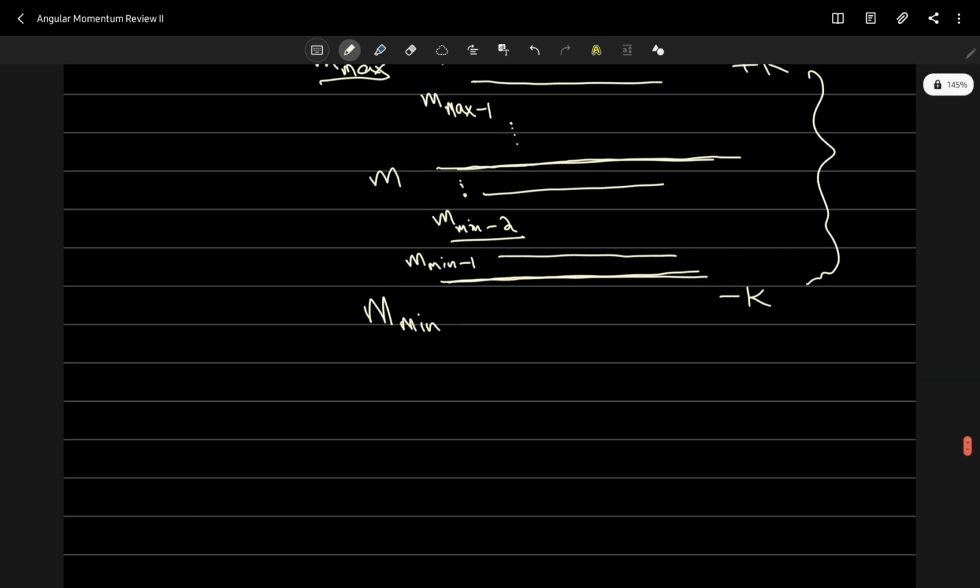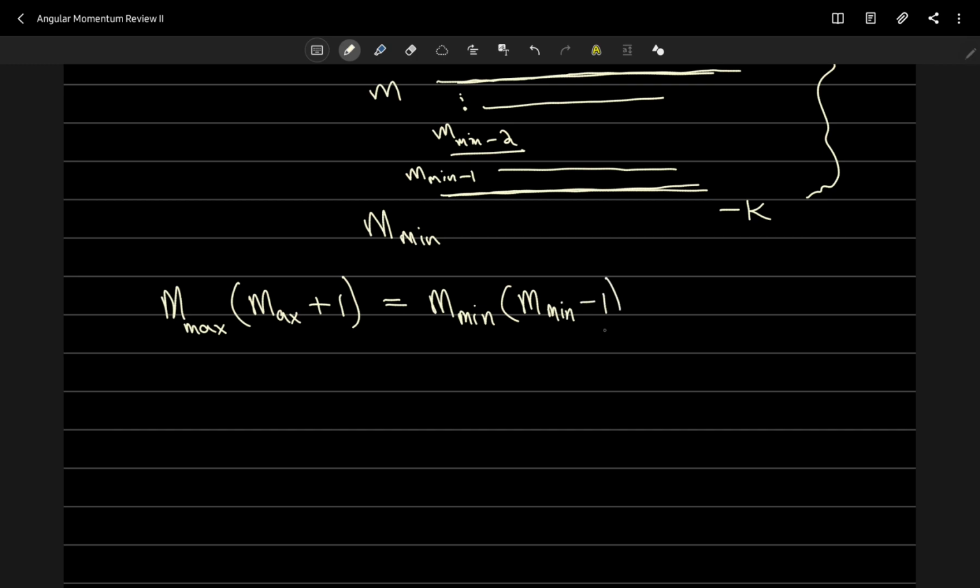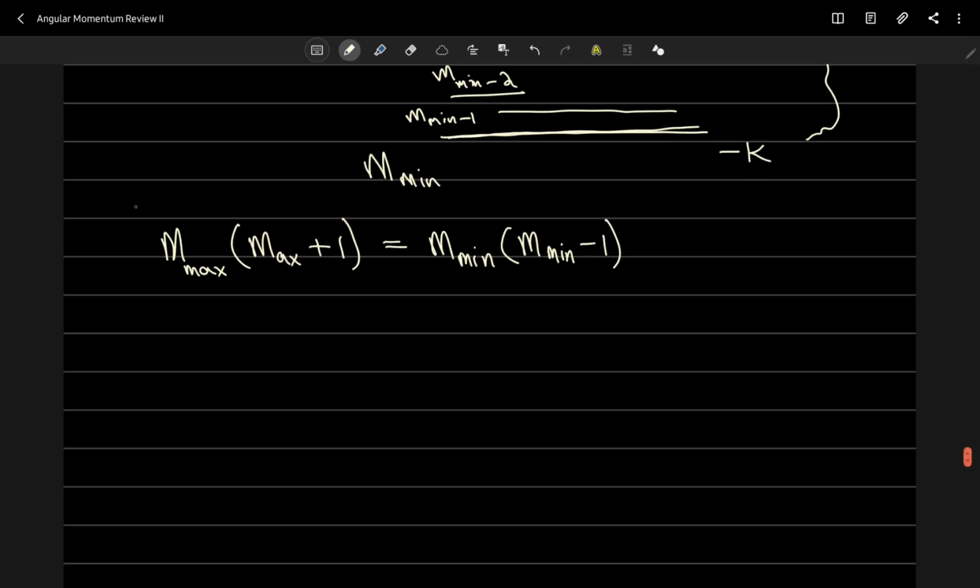Okay, so for this we could write down simply that m max multiplied by m maximum plus 1 is equal to m minimum times m minimum minus 1, right? Now if you look at this equation, we have to see when it is satisfied.